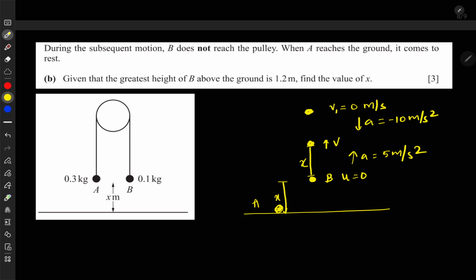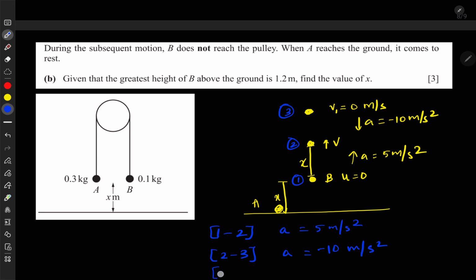Okay, so let's put some points. Let's say point 1, point 2, point 3. So 1 to 2, it's accelerating at 5 meters per second squared. Its speed is increasing. Then from 2 to 3, its acceleration is towards down, or it is decelerating, that is minus 10 meters per second squared.